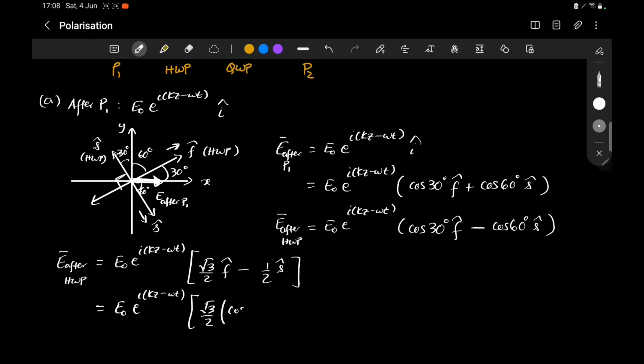So f cap would be cos 30 degrees I cap plus cos 60 degrees j cap. And s cap, this s cap right here is going to be cosine of 60 degrees I cap minus of this angle would be 30 degrees, minus of cosine 30 degrees j cap. This is the positive s cap direction that we have taken.